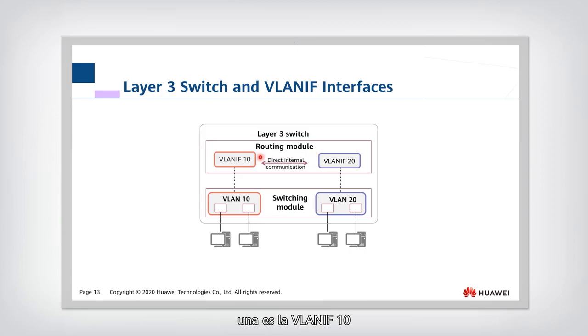One is VLAN interface 10, another is VLAN interface 20. And we also need to match this VLAN interface with VLAN 10 and this interface with VLAN 20. And these two interfaces have a direct internal communication within this module.